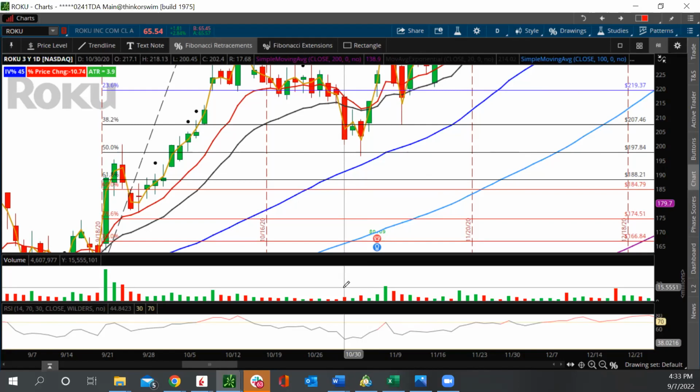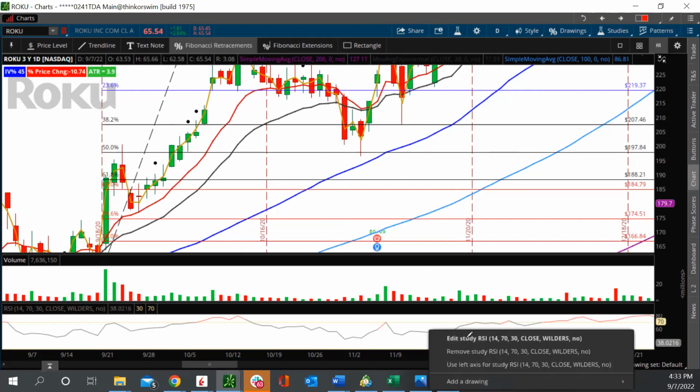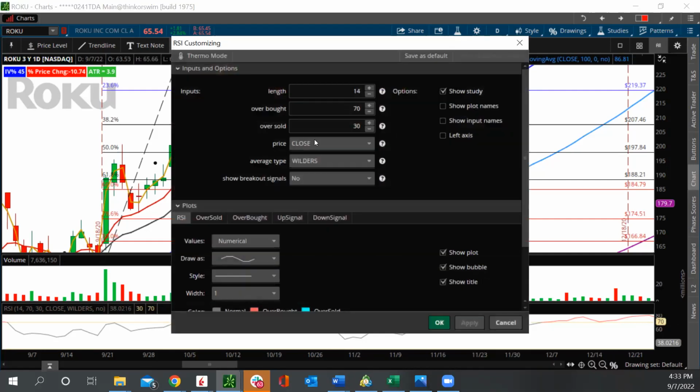Okay. RSI, all it determines is levels that are overbought and oversold. These are the default settings; I didn't manually change them. They are the standard settings you will get when you pull up RSI.